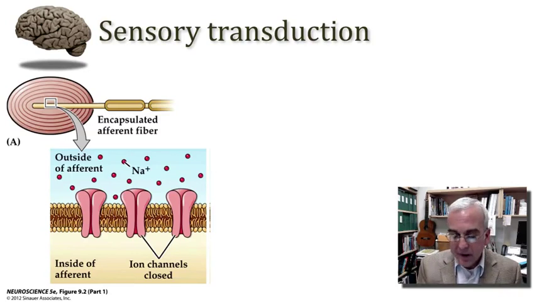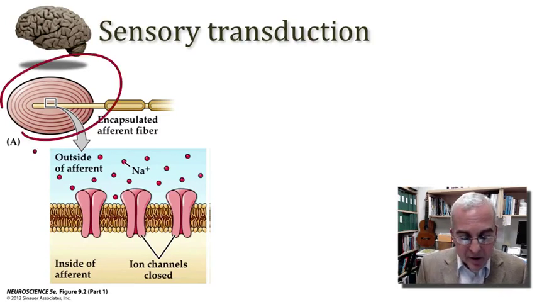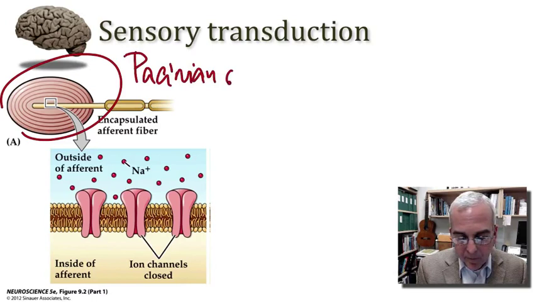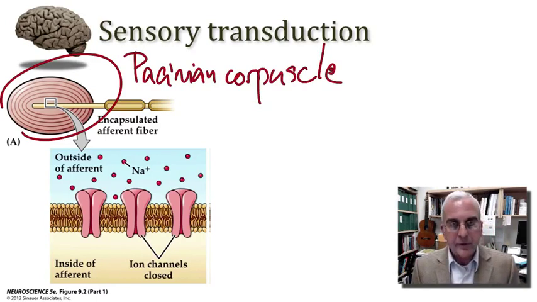Imagine that we have some kind of receptor ending at the end of our first order neuron. This happens to be a beautifully laminated structure called a Pacinian corpuscle. And this Pacinian corpuscle contains a nerve ending that has cation selective channels. And these ion channels are sensitive to stretching forces that are applied to the membrane.